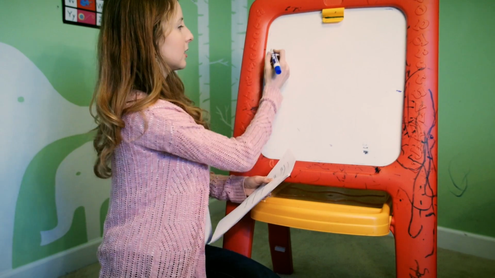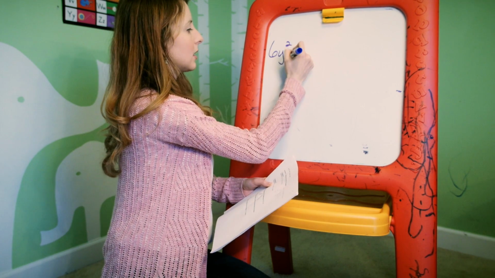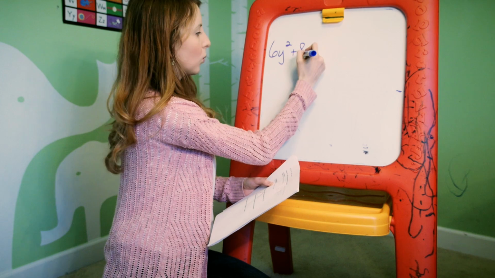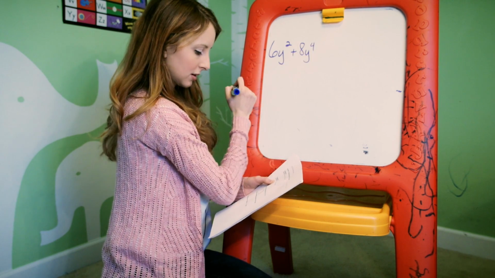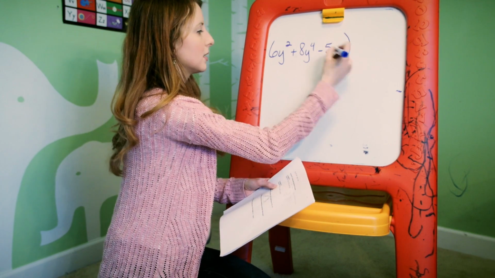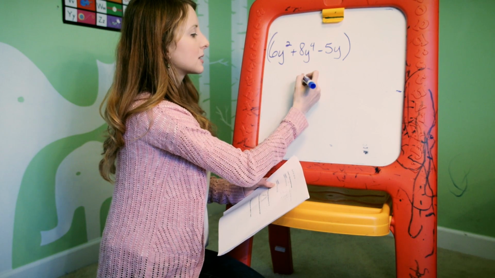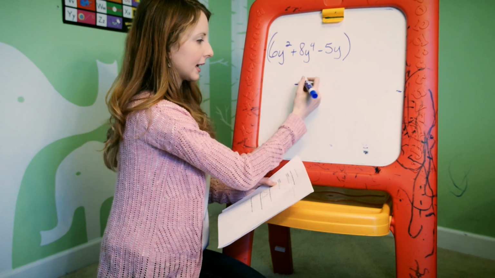We have 6y squared plus 8y to the 4th minus 5y. All right, there's our first polynomial. And from this, we are subtracting a second polynomial.